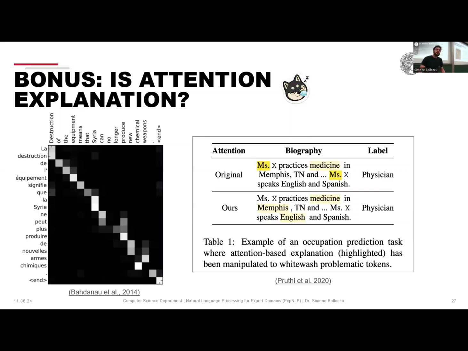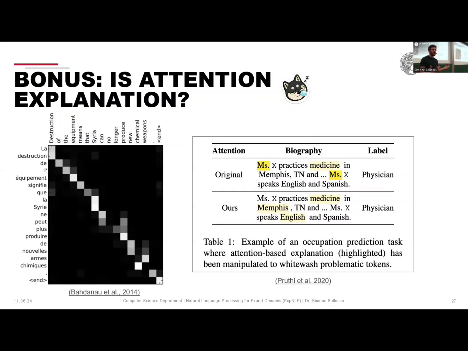Yes? Okay, I don't really understand what the difference is supposed to be between original and ours, in the sense of what do they do to get it from paying attention to "Ms."? You force the attention. Basically, you retrain, you force the attention onto specific tokens instead of letting it develop. It's a post fix, basically.